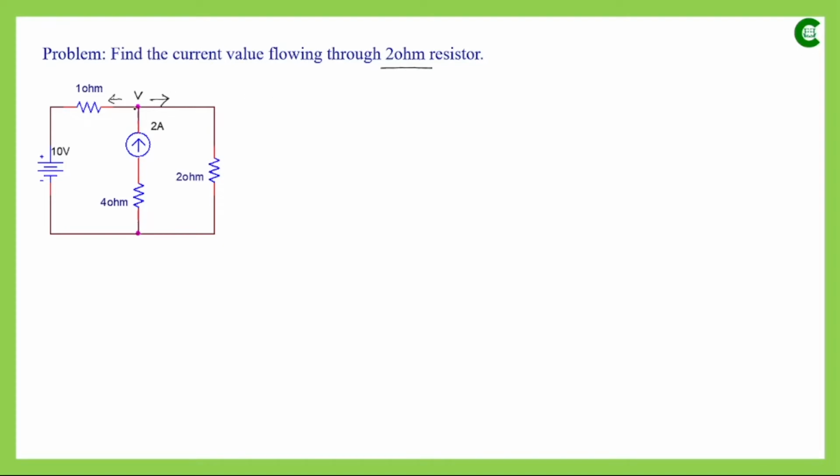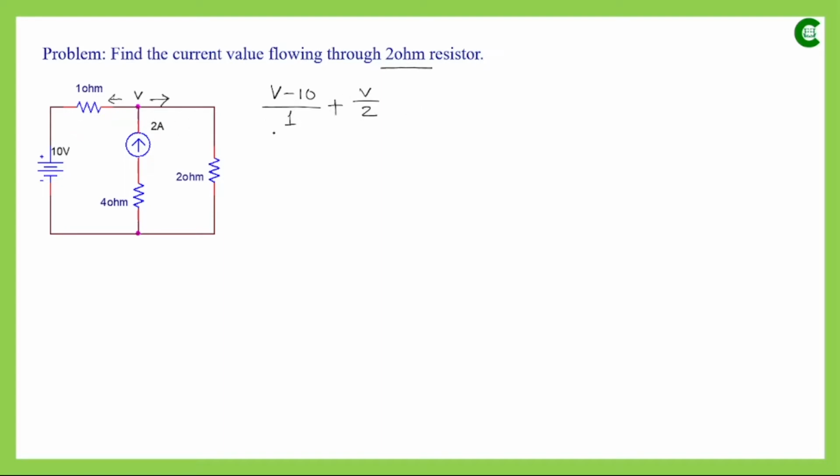The current leaving this node through this path will be V minus the voltage of this voltage source, and this is the positive terminal so this value will be subtracted, divided by 1. The other outgoing current, through this path, is V by 2, and this is the incoming current, 2.